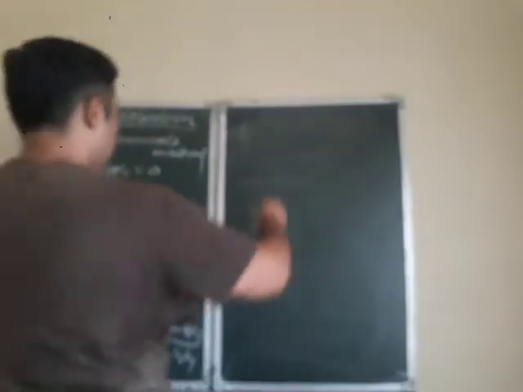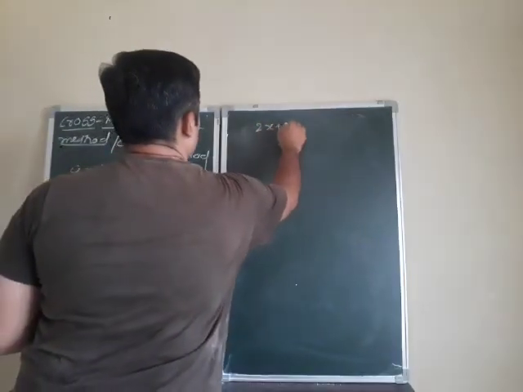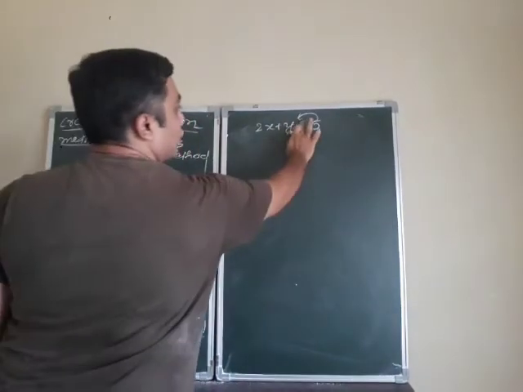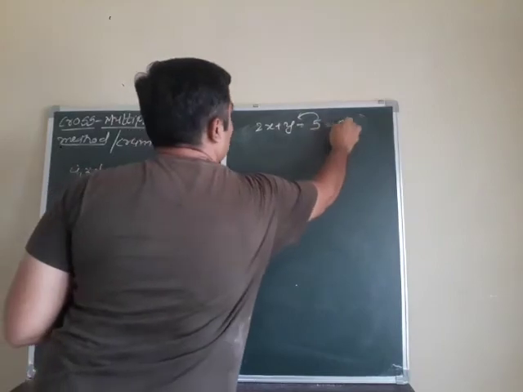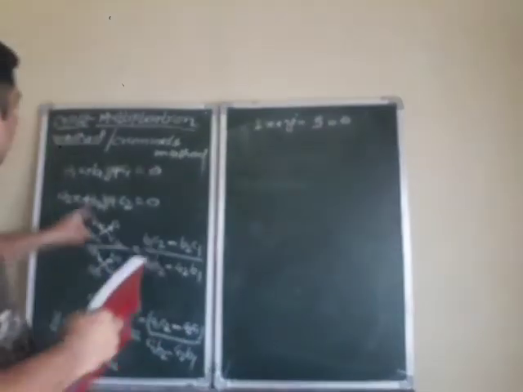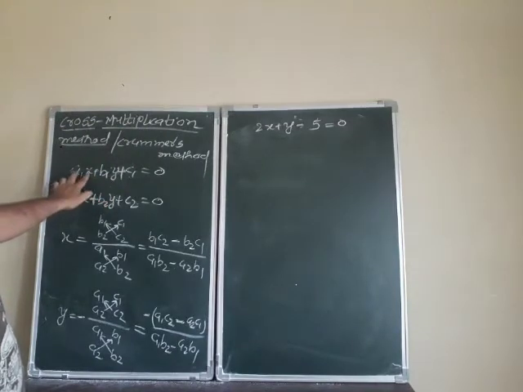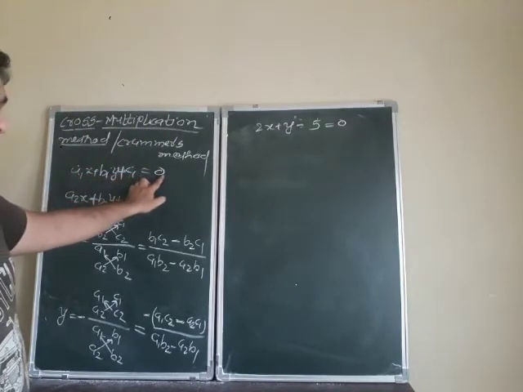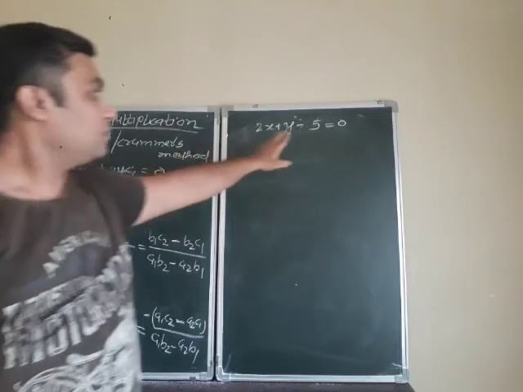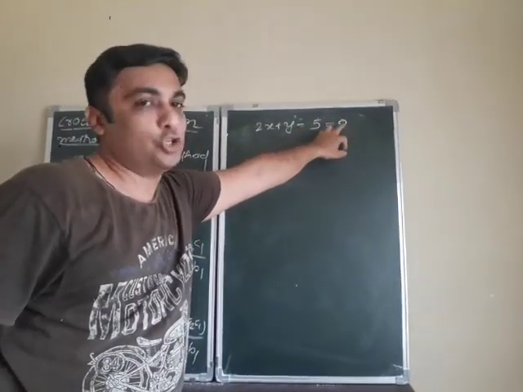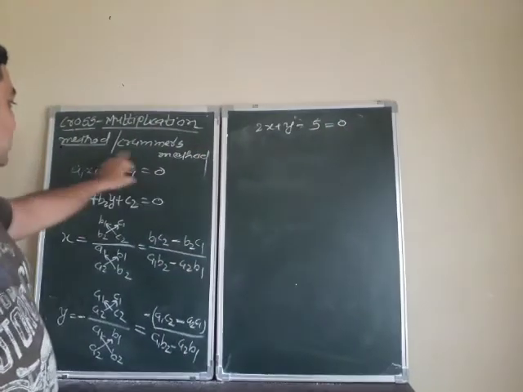Next is 2x plus y is equal to 5. This plus 5 we take on this side, so it becomes minus 5 is equal to 0. Okay, because see, our standard equation in the cross multiplication form is expressed as a1x plus b1y plus c1 is equal to 0. So I take this plus 5 on this side, so minus 5 is equal to 0, meaning the right hand side should be 0 in the standard form.